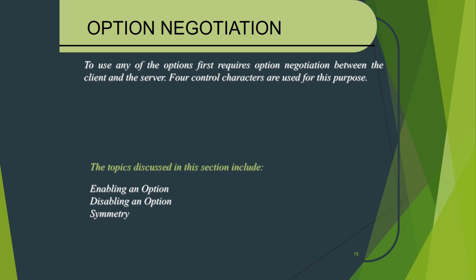To use any of the options, first we require option negotiation. Between the client and the server, 4 control characters are used for this purpose, for enabling an option and disabling an option.